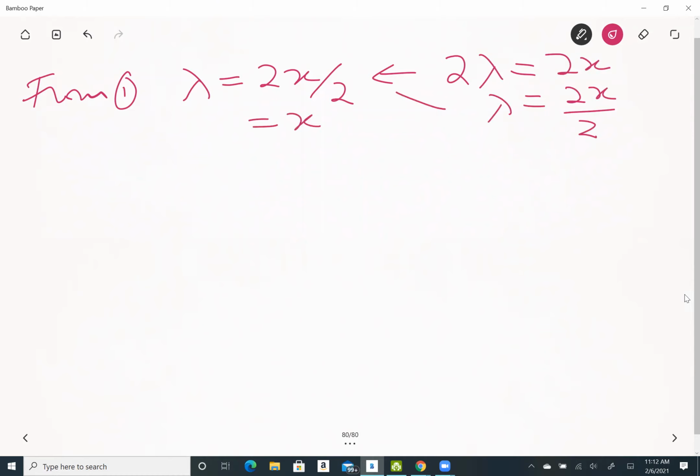So that is okay. From number 2, your lambda is equal to negative 2y, so 2y. You have 3 lambda. 3 lambda is equal to 2y. So our lambda is equal to 2 over 3y.